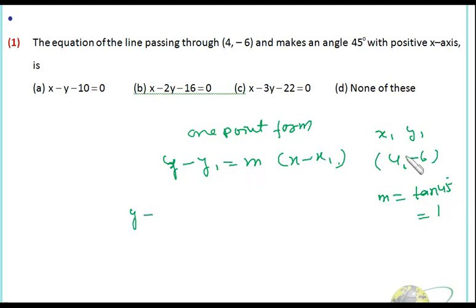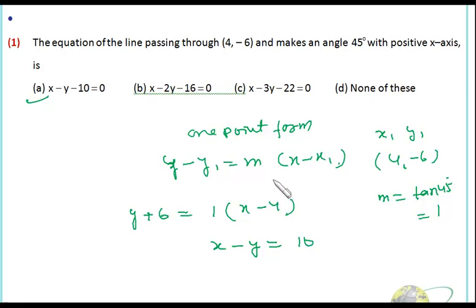So y minus minus 6, that means y plus 6, is equal to m(x minus 4), right? And you can simplify it, just take all the variables and constants on one side. So x minus y is equal to 10, or we can say x minus y minus 10 is equal to 0, any of them. We have in the options x minus y minus 10 is equal to 0, so that is correct.